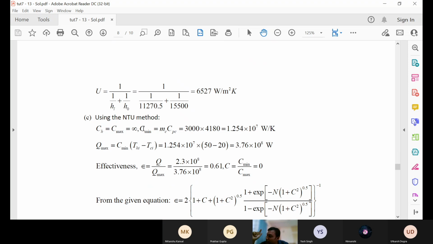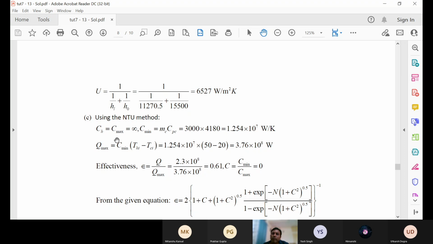Do you agree with me? This is a very interesting point. Yes, sir. So Cmax will be infinity. Cmin will be MCCPC, so that is 3000 into 4180. So you get MCCPC equals 1.254 into 10 raised to power 7 watt per Kelvin.